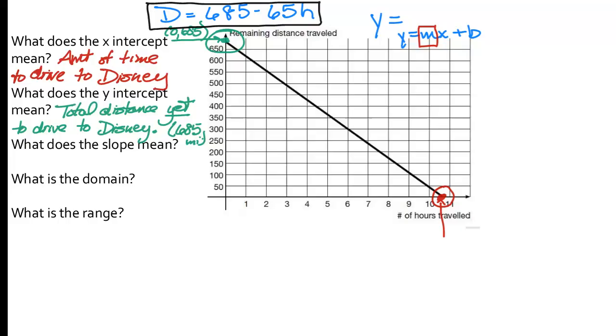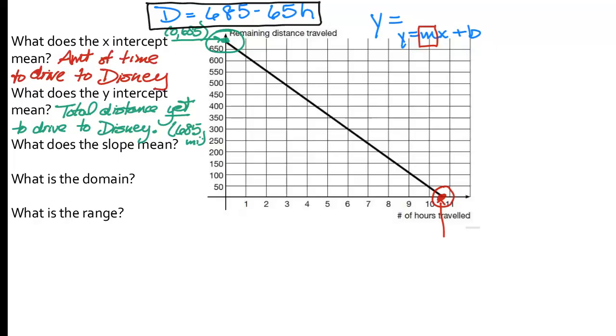Y equals mx plus b. What is my m value in d equals 685 minus 65h? No.